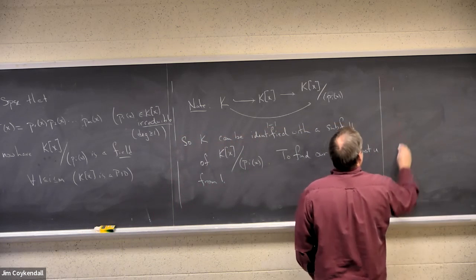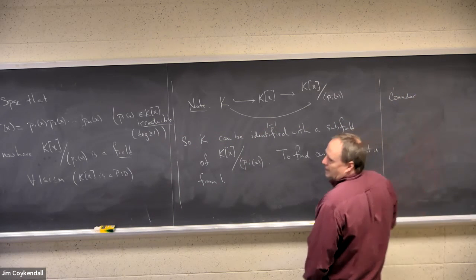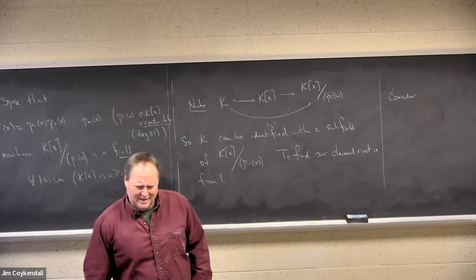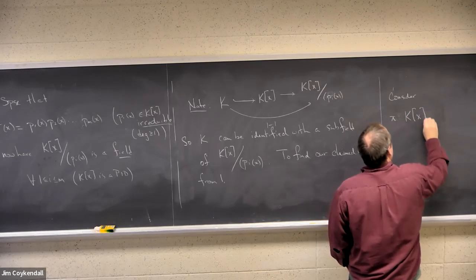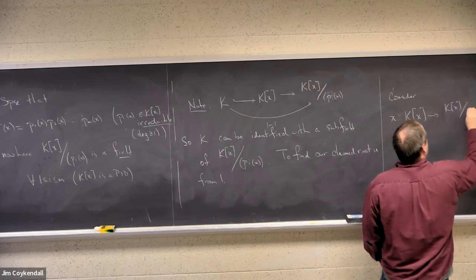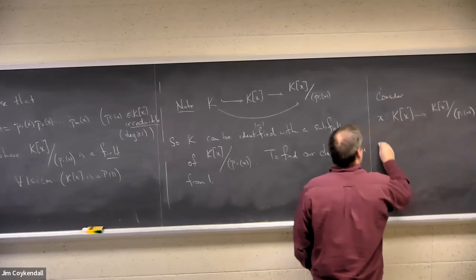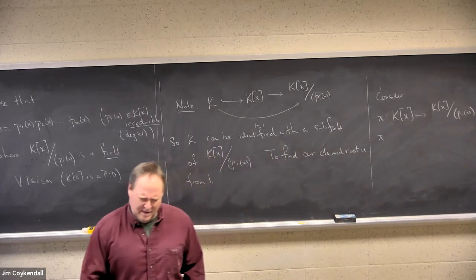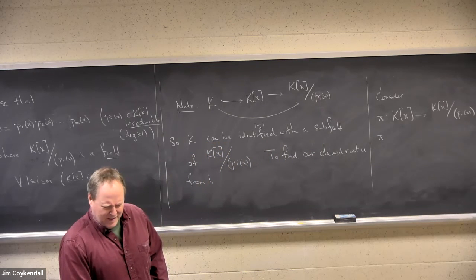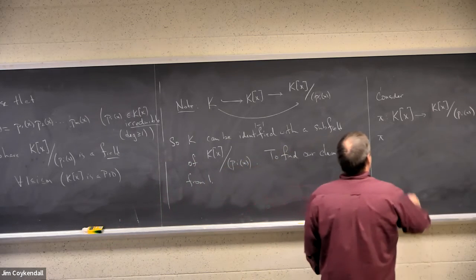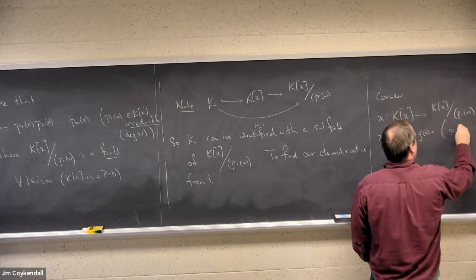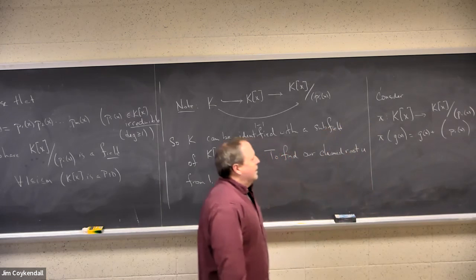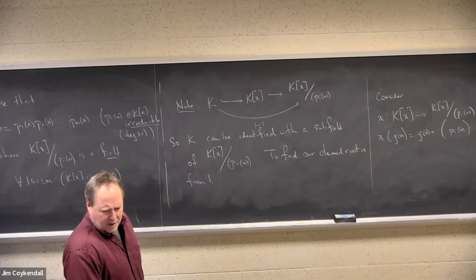Consider the projection pi from K[x], where pi of x is given by, where do you think it goes? It's a projection that just goes to its coset.